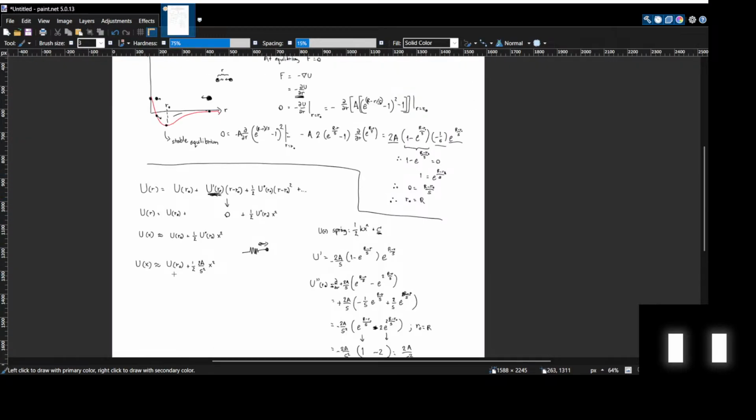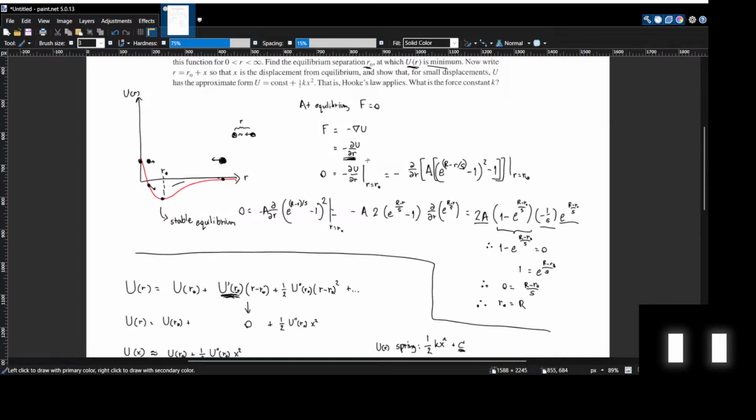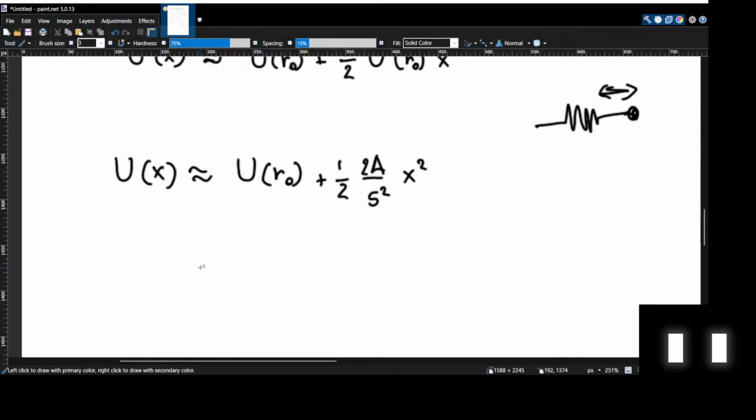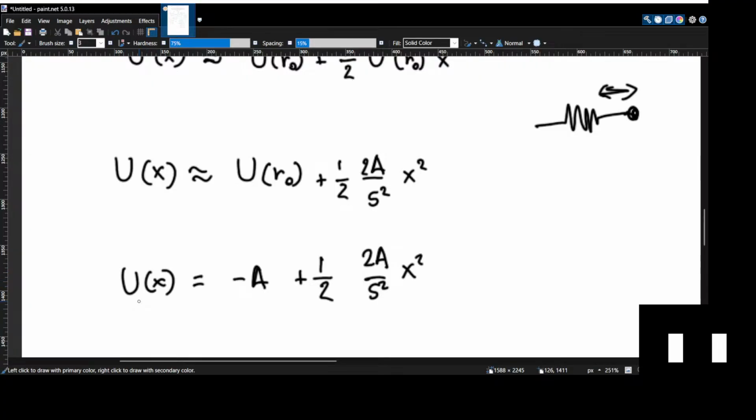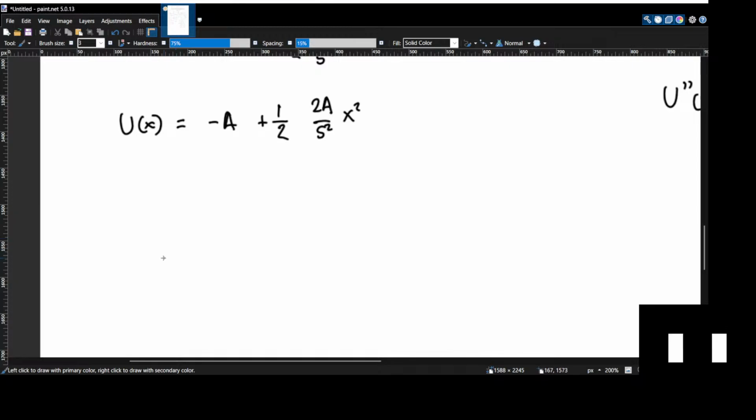In this case, U at r naught is going to be equal to minus a. So we have minus a plus 1/2 times 2a over s squared times x squared. And this is the potential at x near the point of equilibrium.